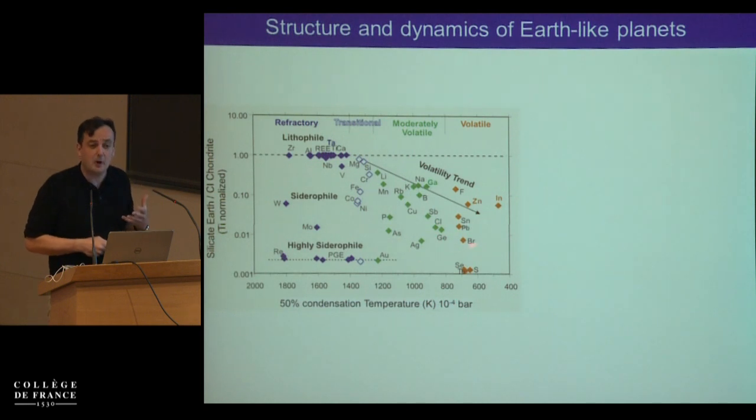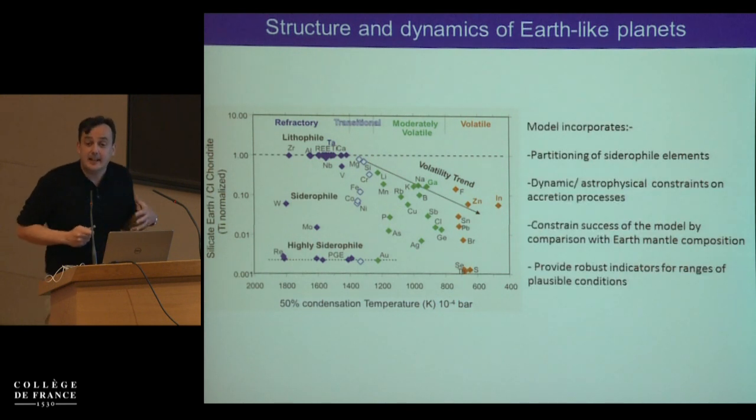Most of those models are purely based on the geochemistry and trying to reproduce the geochemistry of the Earth's mantle. But implicit in those geochemical models are physical scenarios: dynamic scenarios of astrophysical collisional accretion of planets, and also the fluid dynamic processes of core-mantle equilibration.